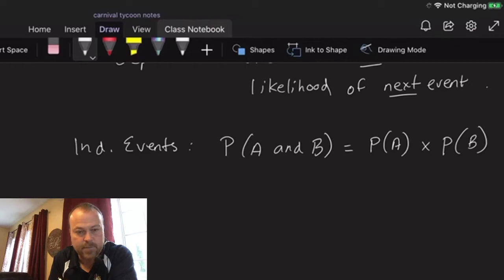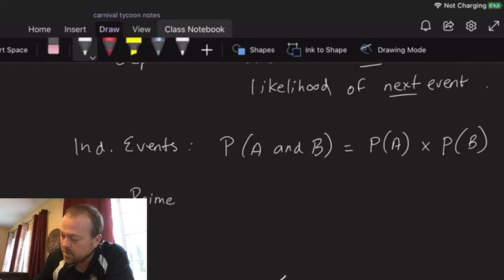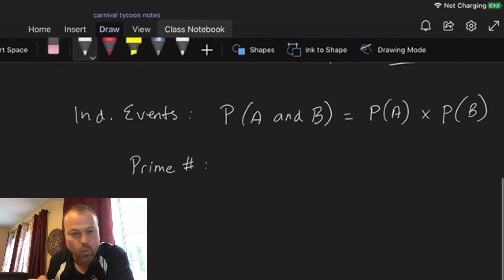So let's take the example of, for number 1 here, the likelihood of getting a prime number when rolling a die and getting heads if we flip the coin. Both of those compound events happening at the same time, prime number and heads. Well, let's see here what a prime number would be on a die. Remember that prime numbers from mathematics are numbers that can only be divisible by themselves and by 1.